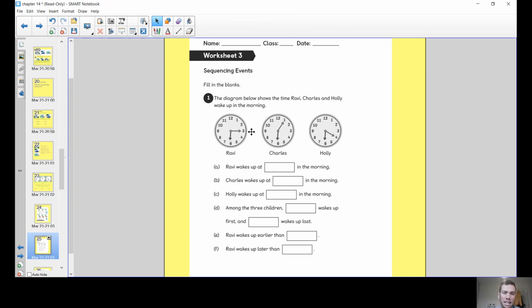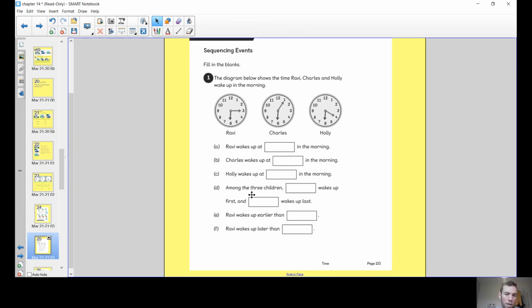Now you'll notice that these clocks today do not just use o'clock, quarter past, half past, and quarter to. We are moving into those 5-minute intervals. So remember that each number for the minute hand is worth 5 minutes.